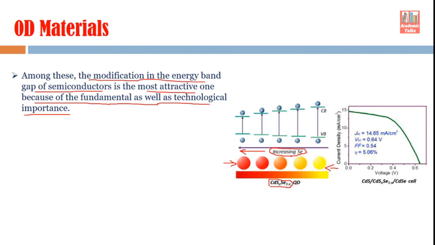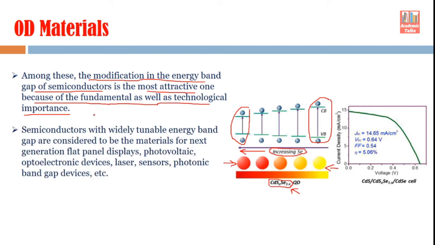You see, when we are changing the amount of selenium in this material, then the band gap is changing. This part has a small band gap, and this side shows a comparatively large band gap. That kind of band gap tunability is possible when we manipulate the composition of these kinds of quantum dots.